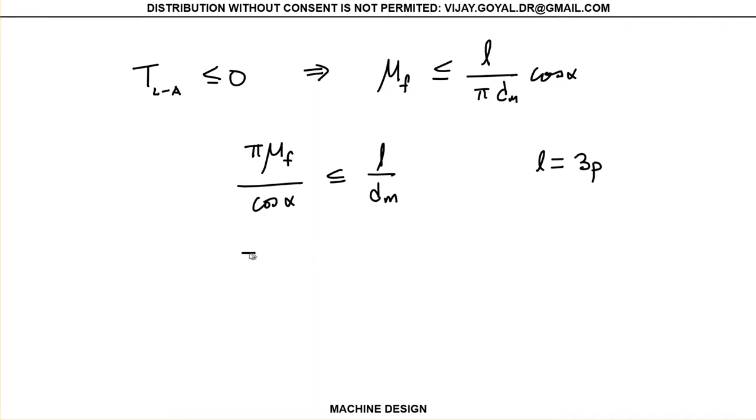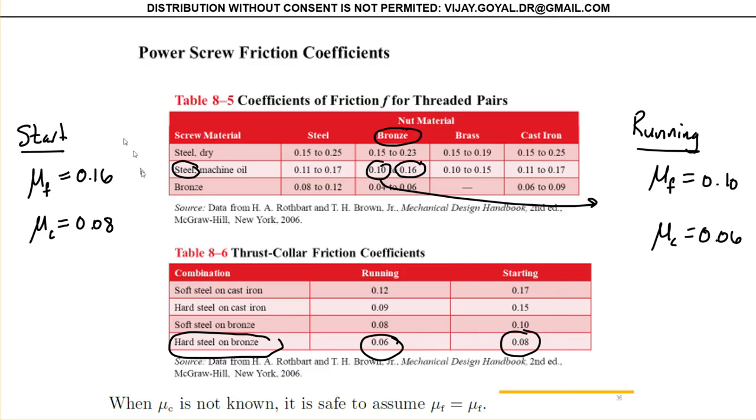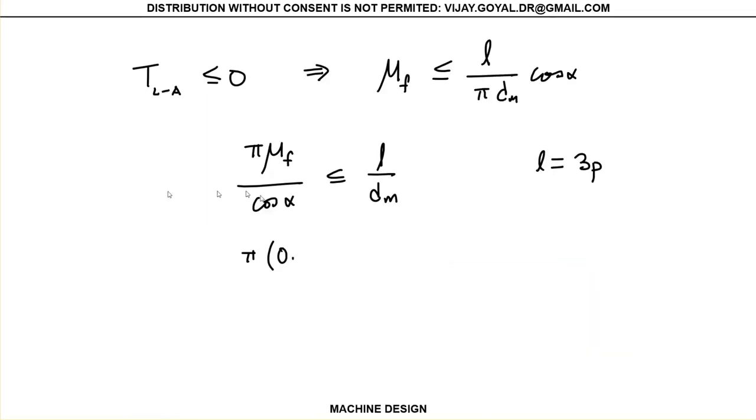And so this will be pi, and this will give me pi times 0.16 divided by cosine of 5 degrees, less or equal than L over dm.